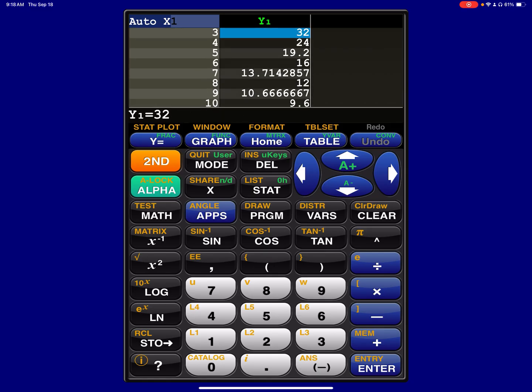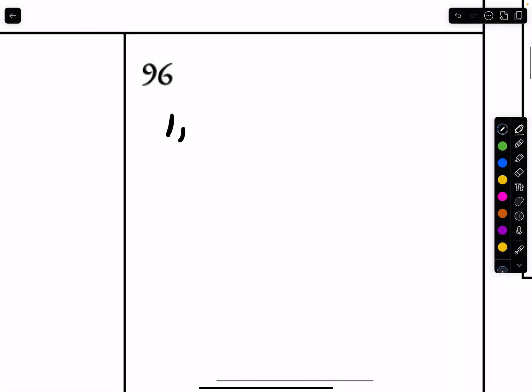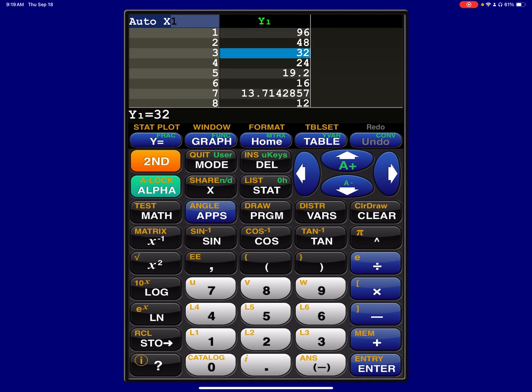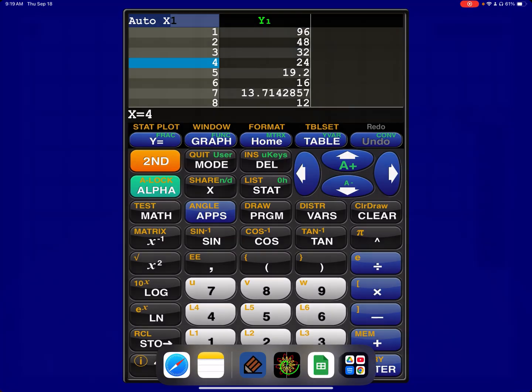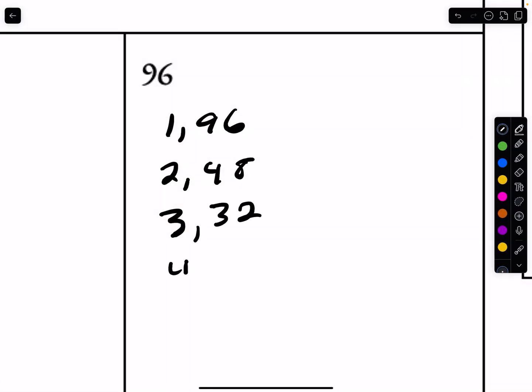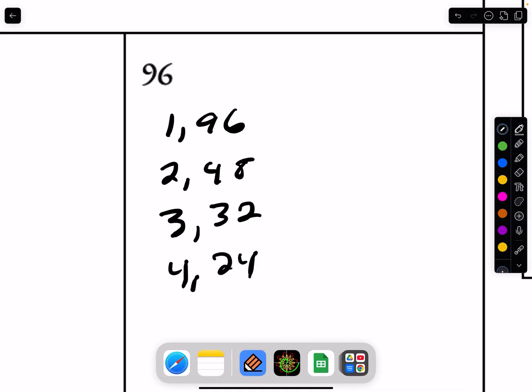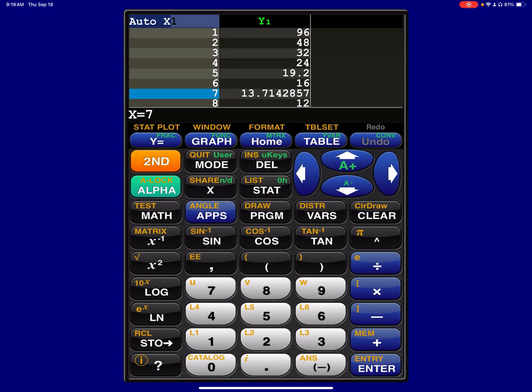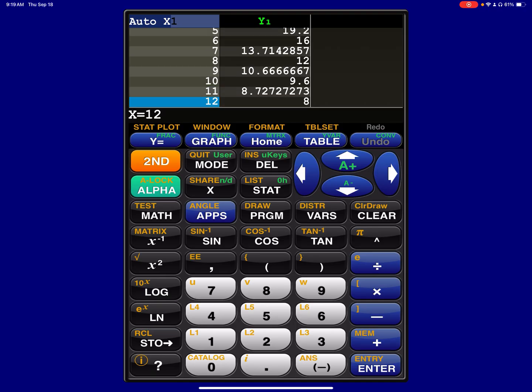So what are the factor pairs? 1 and 96, 2 and 48, 3 and 32, 4 and 24, 6 and 16, and then 8 and 12.